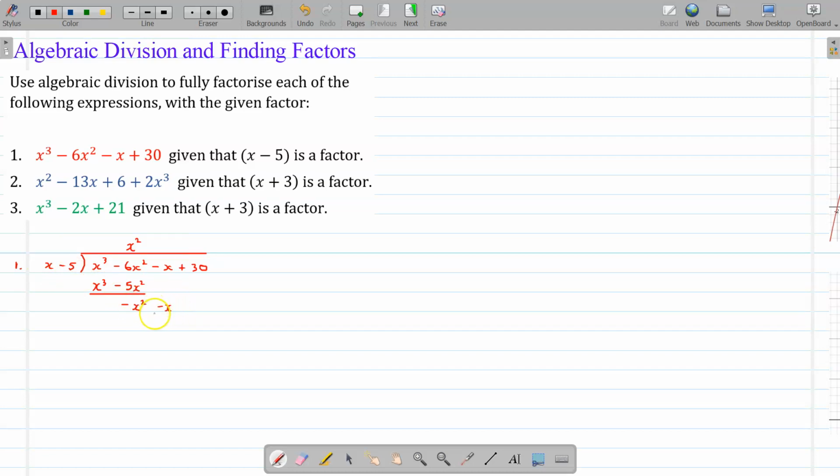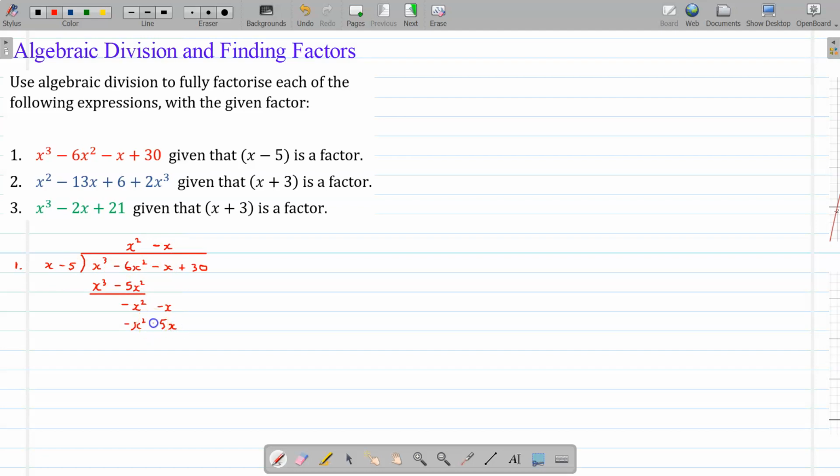Well, it's a strange concept to think of that, but we just look at the first term. How many times does x go into minus x squared? Well, x goes into x squared x times, so it goes into minus x squared minus x times. Okay, because minus x times x is minus x squared, and minus x times minus 5 is plus 5x.